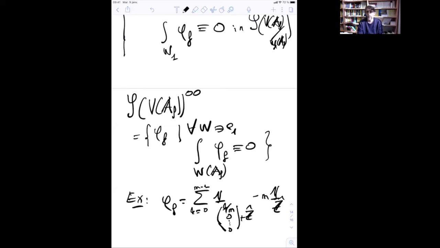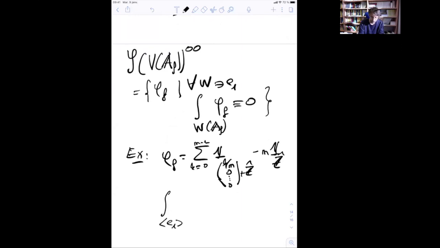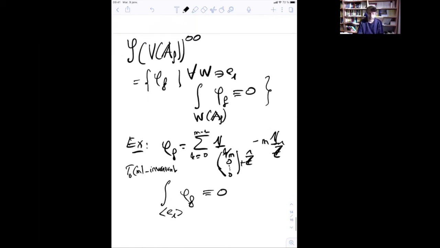So this function satisfies that this is constant equal to 0, and it is not gamma(m) invariant. It's just invariant by the group that stabilizes the first line modulo m, the line generated by the first coordinate modulo m. So those are typical Schwarz functions that are useful if you want to be able to extend your Eisenstein series to certain cusps.